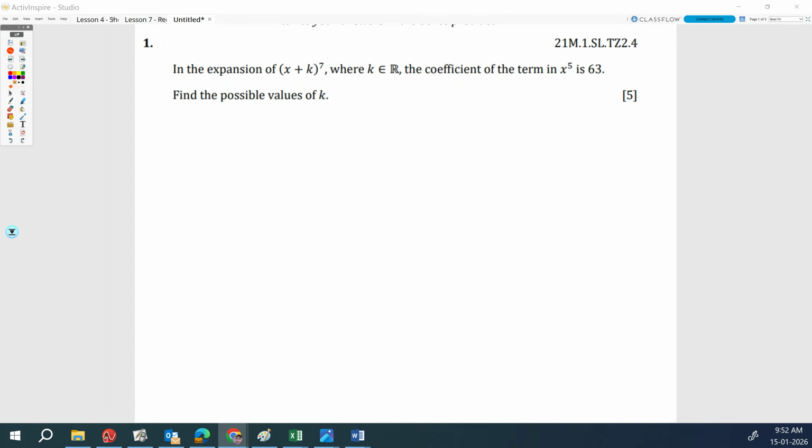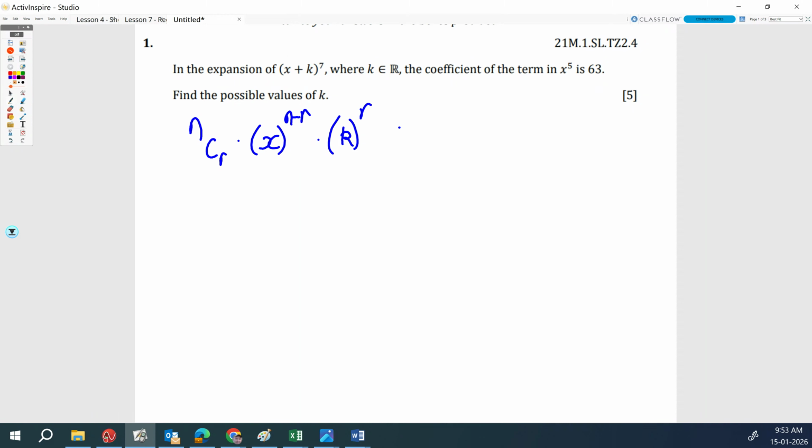So I need to pull up my formula sheet and find the formula for binomial expansion, and that's going to give me nCr multiplied by the first term, which is x, to the n minus r, multiplied by the second term, which is k, to the r.